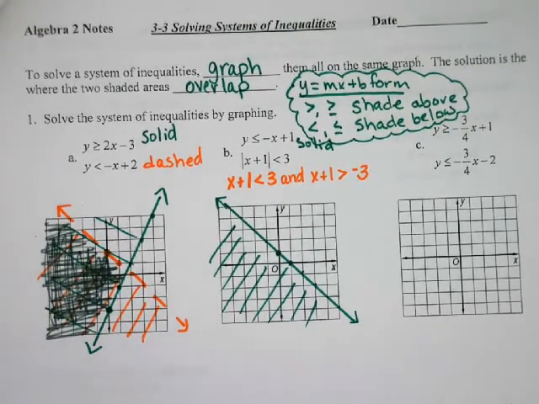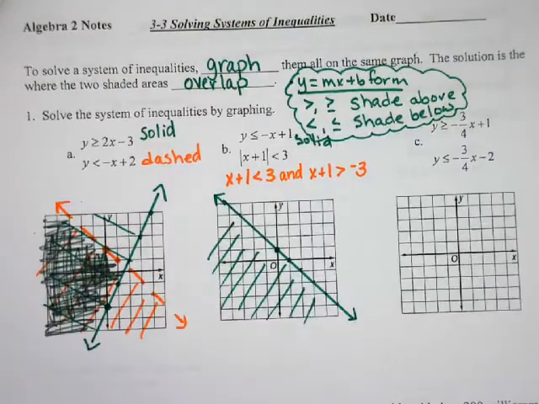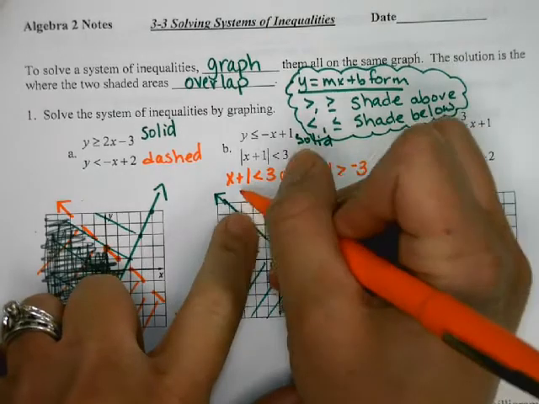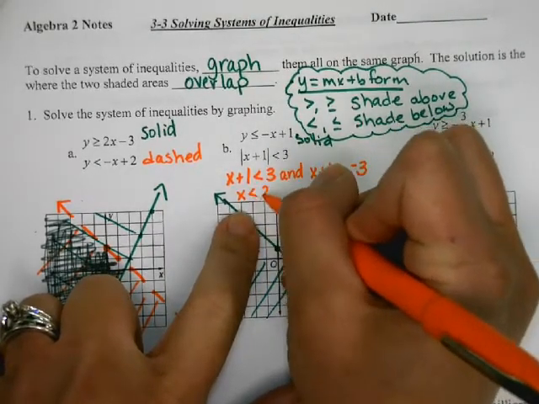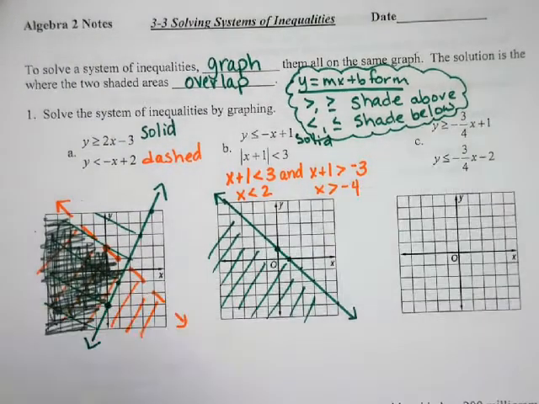Now, remember, x equals our vertical lines. Okay, so there's no y. So these guys are going to be two vertical lines. So I'm going to subtract 1 and I get x is less than 2. And x is greater than negative 4.